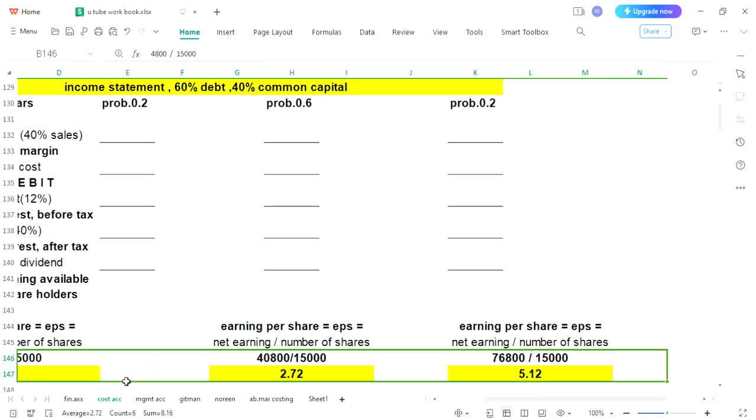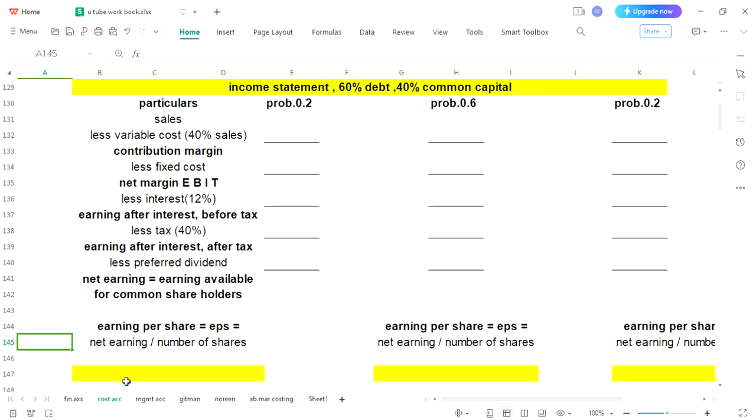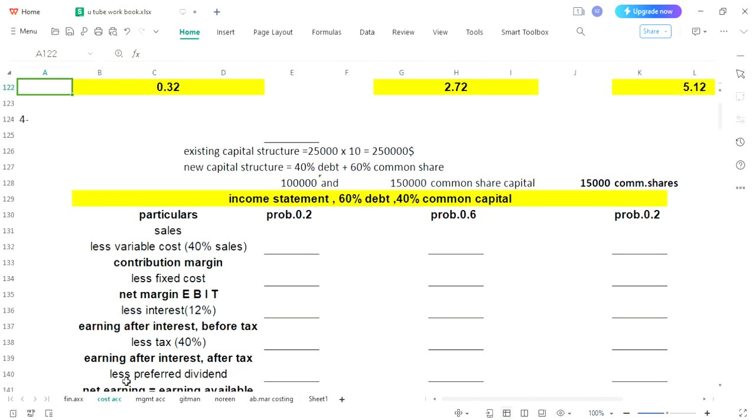Again, these are not needed. Okay, come to the upper side. The existing capital structure was 250,000, and now we are changing our capital structure from 40 to 60% debt. So here debt would be 60% and your common stock will become 40%.